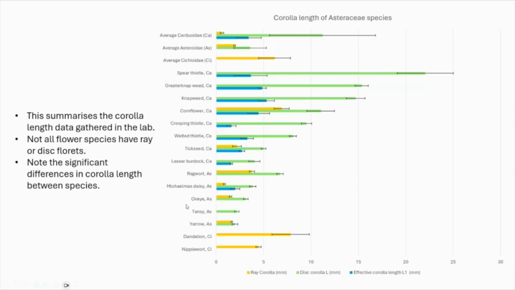Then you have your tansy, your oxeye, then you've got your dandelion and nipplewort, which are their own separate sub-family. So you can see that there's clearly differences in how long the corollas were. These are all measurements in millimetres. So it's tiny, tiny, but there is still differences if you're looking at that level.